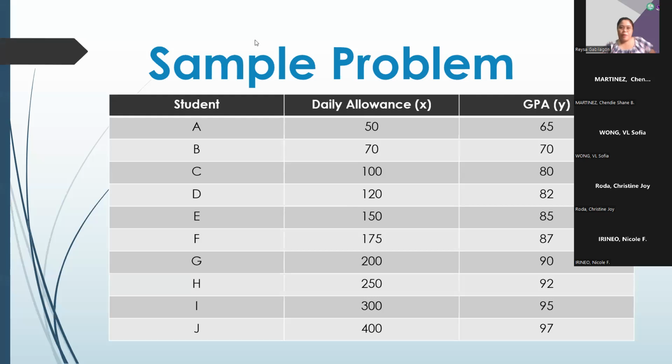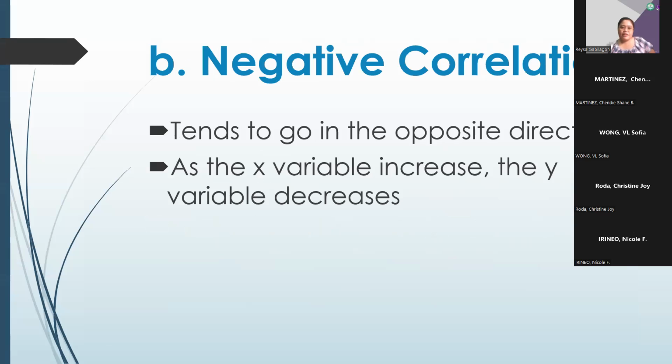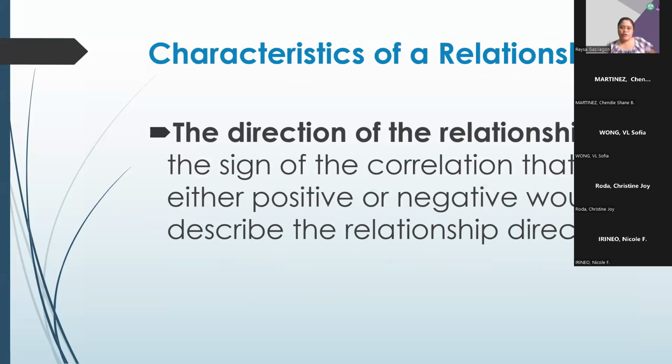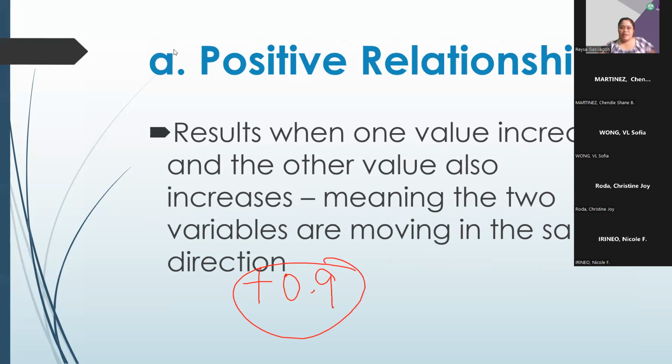Okay, so merong relationship according sa computation natin, meron. So let's describe. First, the direction. Ano nga yung sagot natin sa R value? Positive 0.9. Which means, since positive ang sign niyan, there is also a positive relationship.